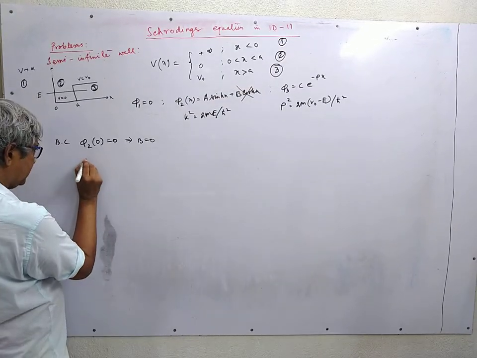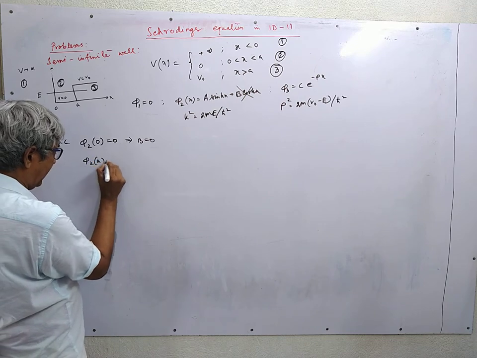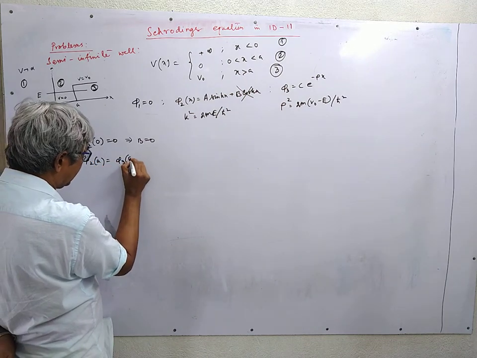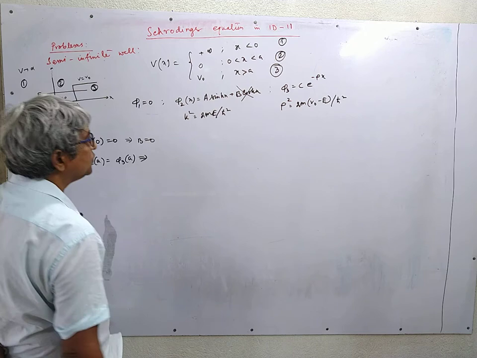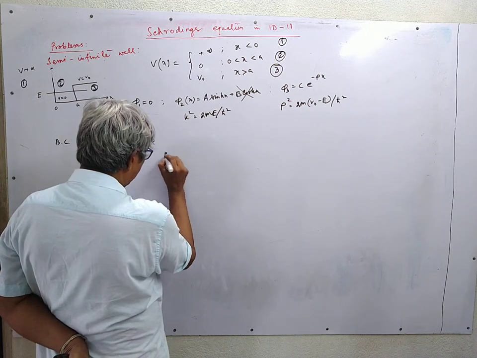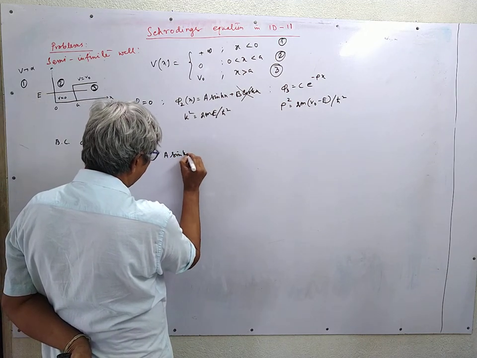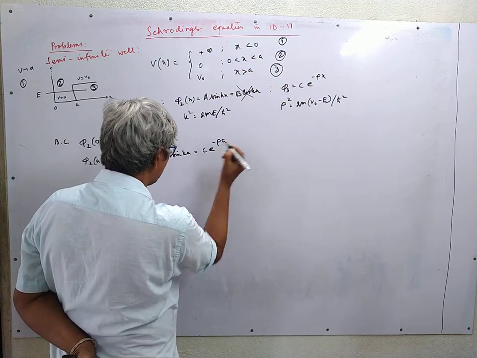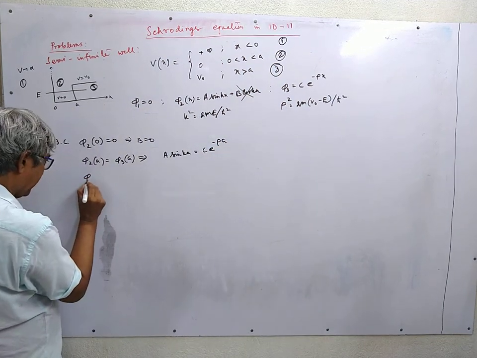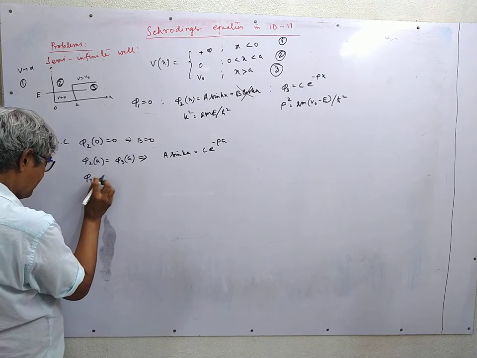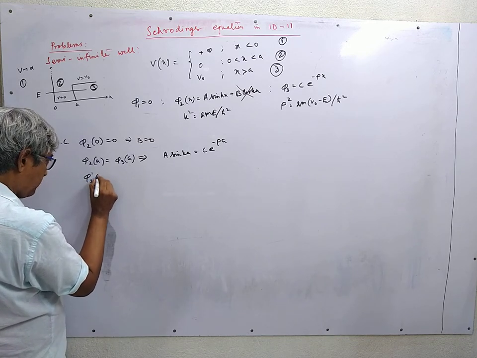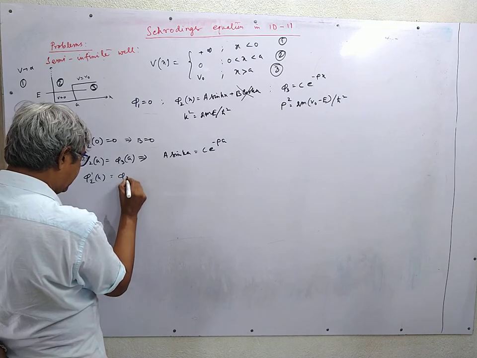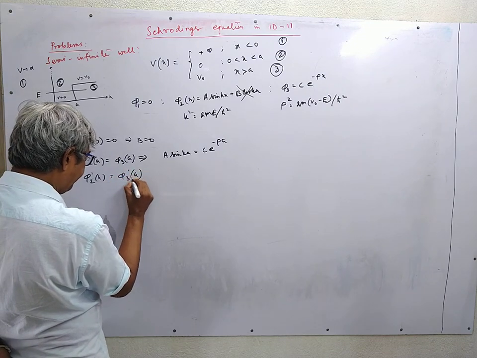The second boundary condition is phi 2 at a equal to phi 3 at a. This gives A sin ka equal to C e to the power minus rho a. And the third, phi 2 prime at a equal to phi 3 prime at a.